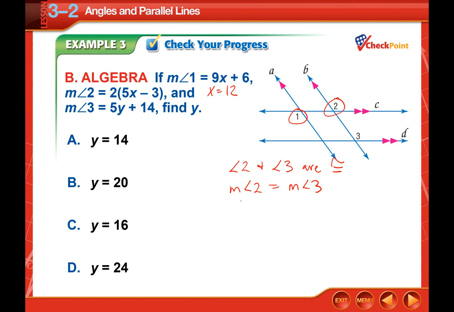So that means that our 2 times (5 times 12, due to substitution, minus 3) is equal to 5y plus 14. Okay, we're substituting in the value of x, and we're substituting in the algebraic expressions for the measure of angle 2 and angle 3.